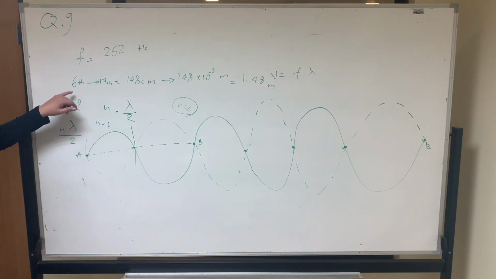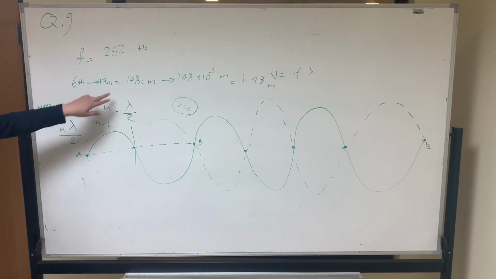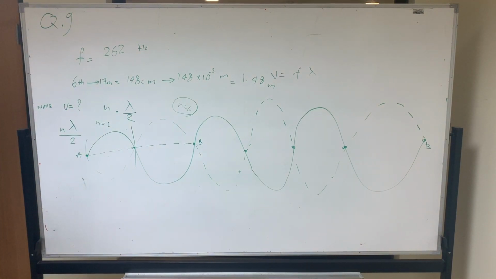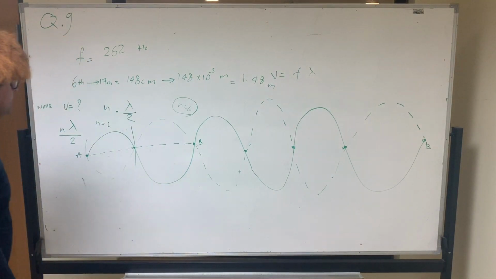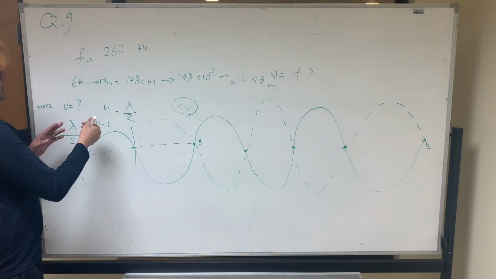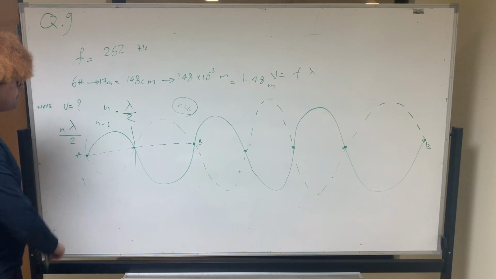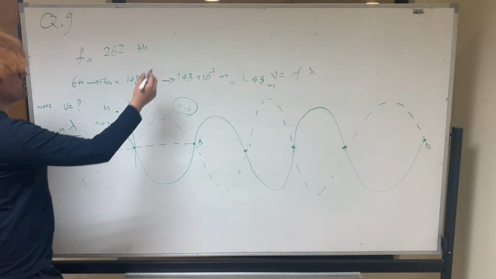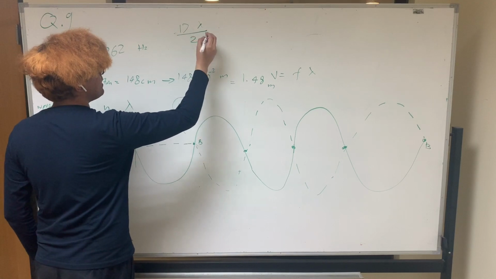So we're given in the question that the distance between the 6th node to the 17th node is equivalent to 184. So first we could get the string length when our harmonic number is 17. So we could multiply 17 times lambda over 2.